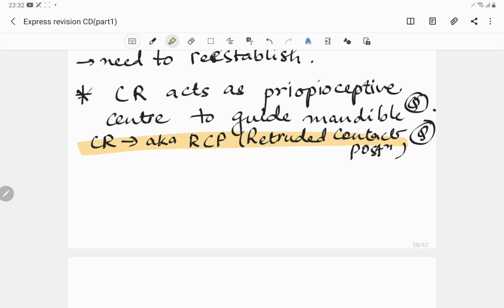So this is the difference between centric relation and centric occlusion. Centric occlusion is when there is tooth to tooth contact. Centric relation is when we are talking about the position of the condyle in the glenoid fossa.